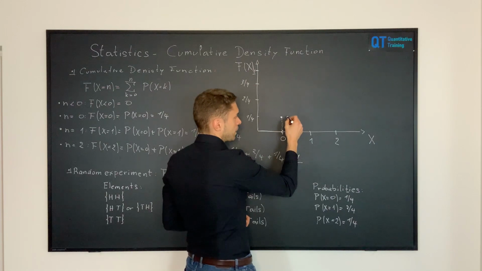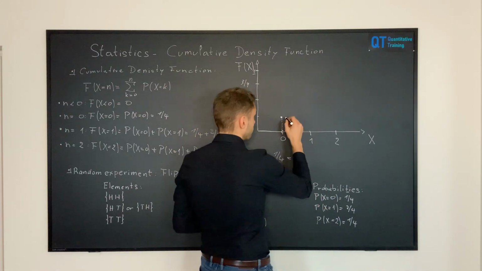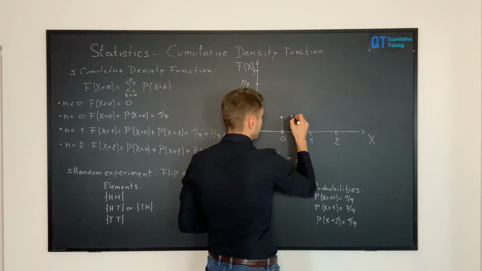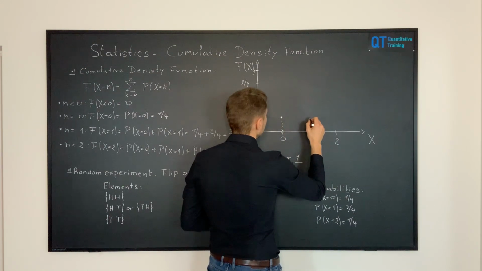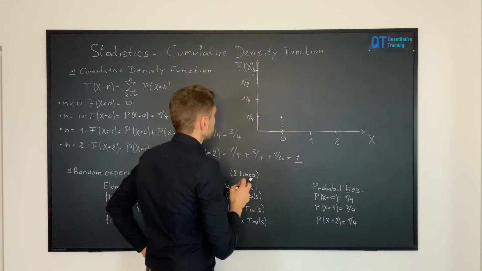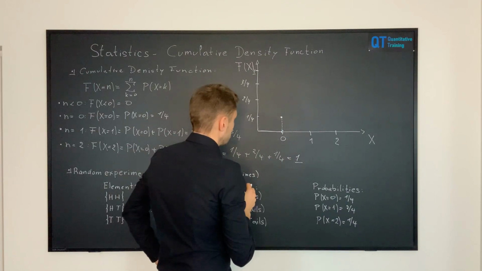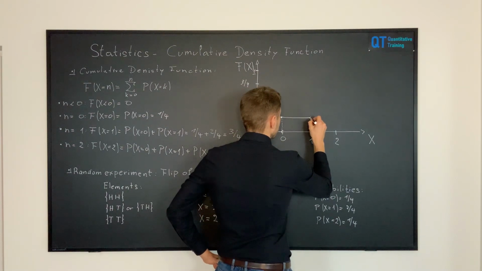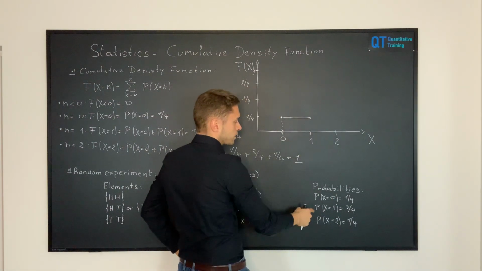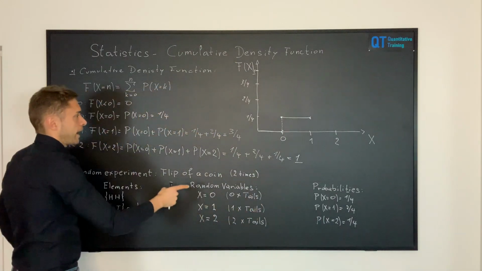From this we then go on to the next random variable. There is no change in probability. And this time we are making a jump. So we have this here, and then this value is again excluded, and we perform a jump here at the level of x equals 1.